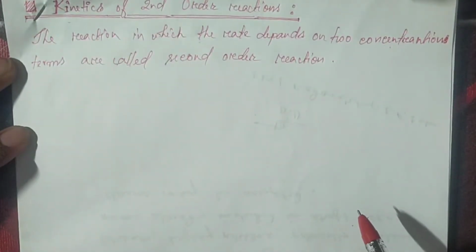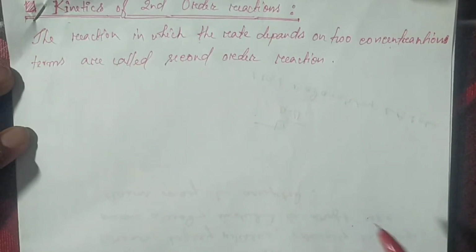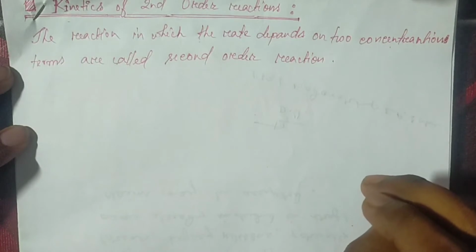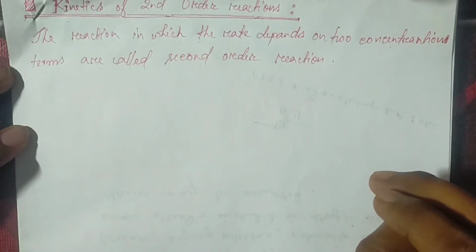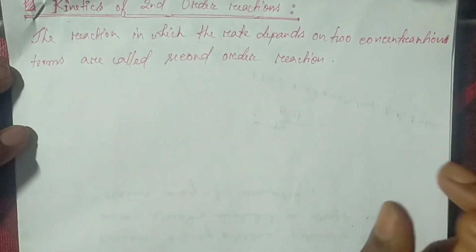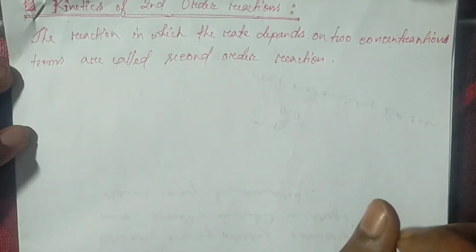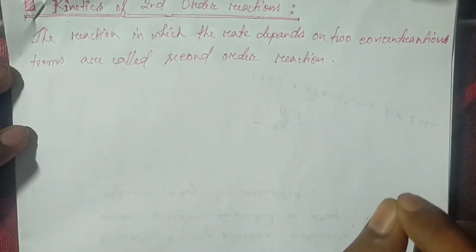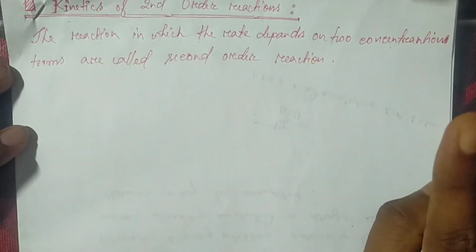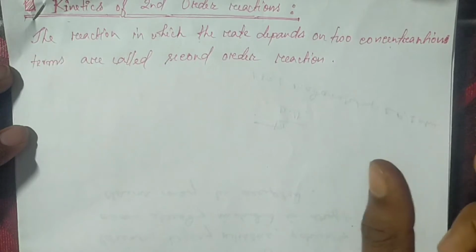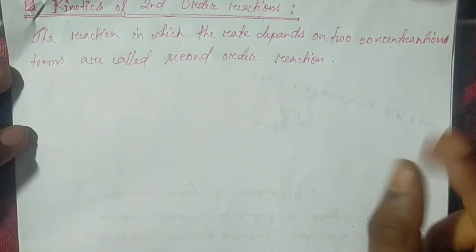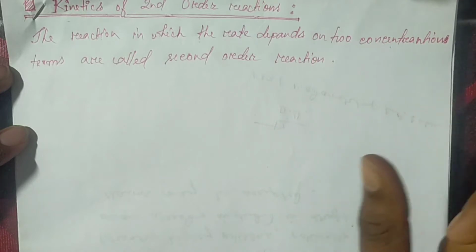Okay, so that means there will be two reactant molecules. But in this case there are two types of cases. In some reactions the two reactant molecules are the same as each other, and in some cases the two reactant molecules are different.